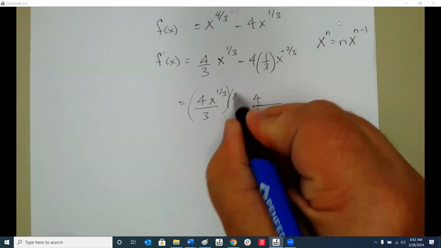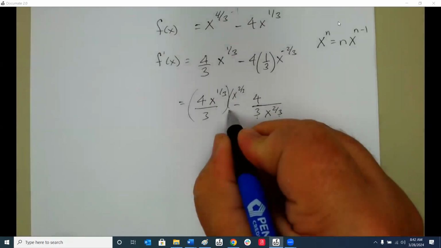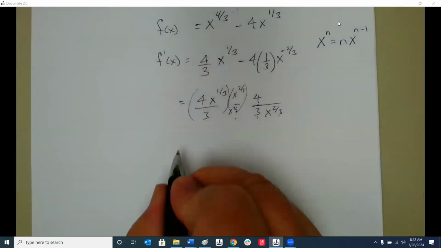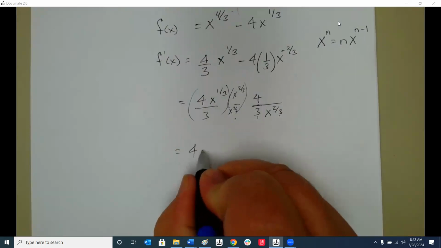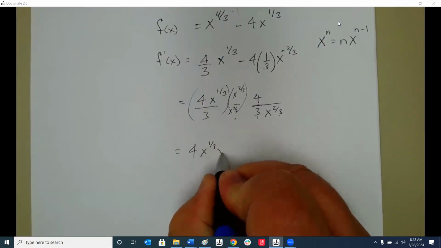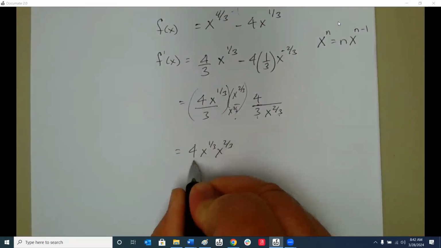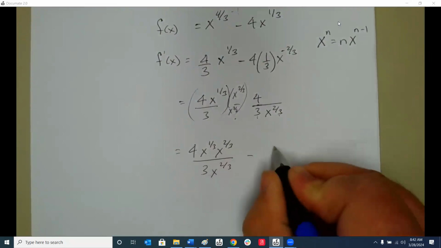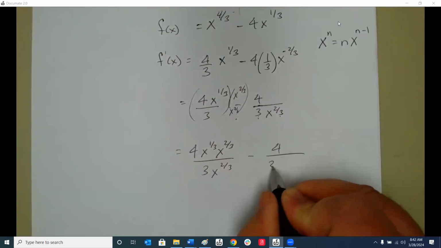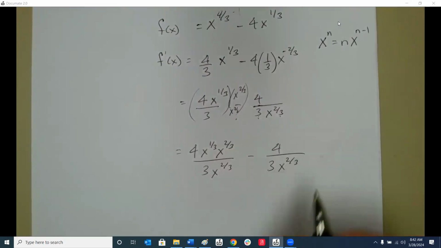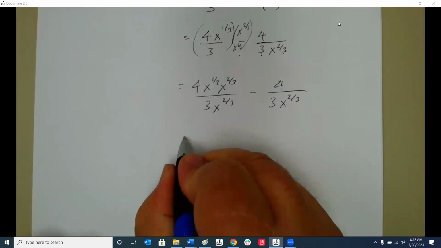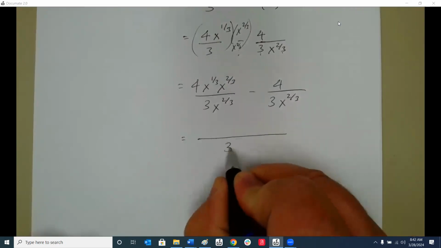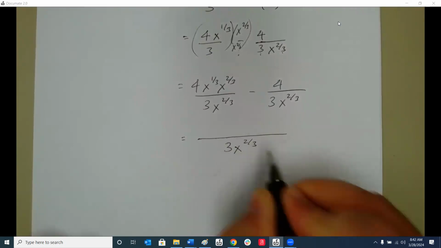So we multiply x to the 2/3 times x to the 2/3. So now we have a common denominator.